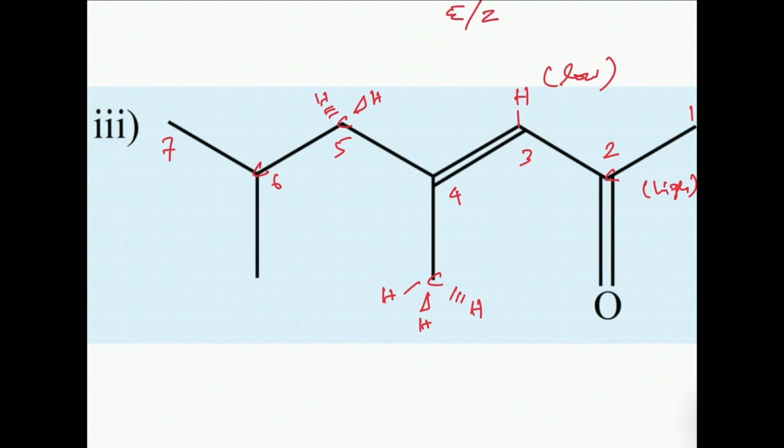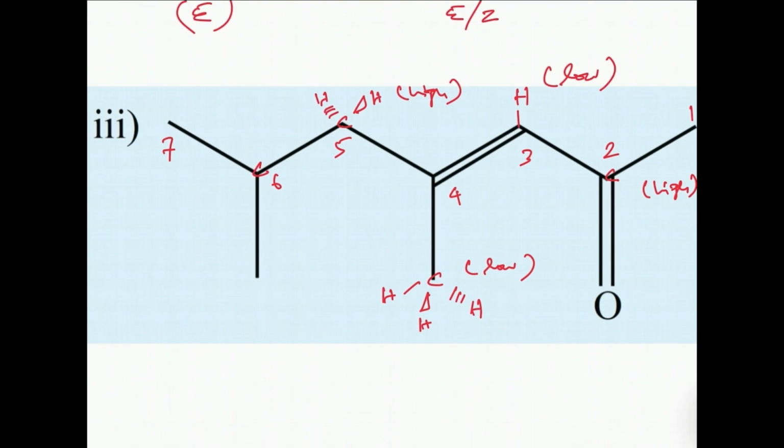So because it is carbon-carbon bond, and here carbon hydrogen, 3 hydrogens, here it is carbon, 2 hydrogens, and then carbon, this gets the high priority as per the EZ naming convention, because if we just take into account the first carbon, they are same, but then we have to go for the next position if they are same. So this gets the low priority. So our high priorities are on the opposite side of the double bond, and therefore it should be E.